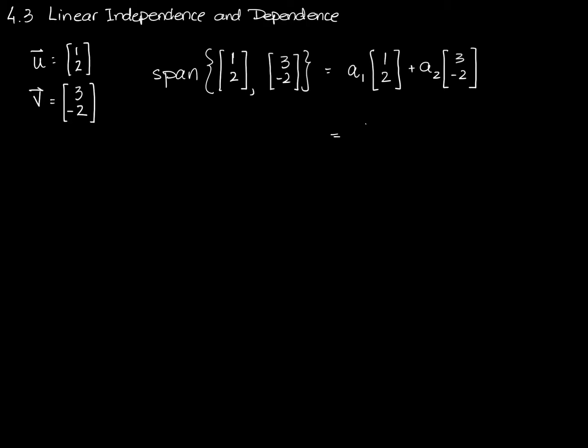This is going to give me a1 plus 3a2 and 2a1 minus 2a2. So for a vector to be in the span of these two vectors, it has to take this form.